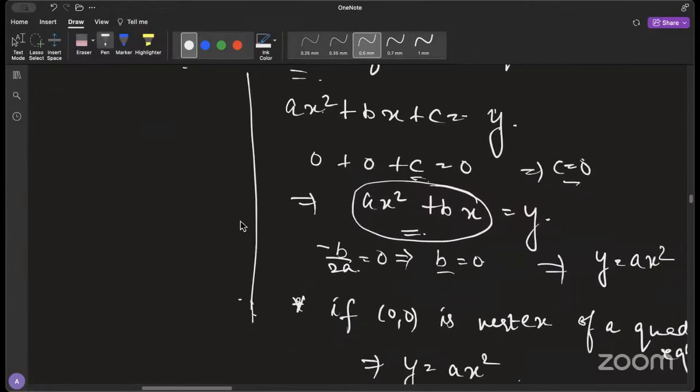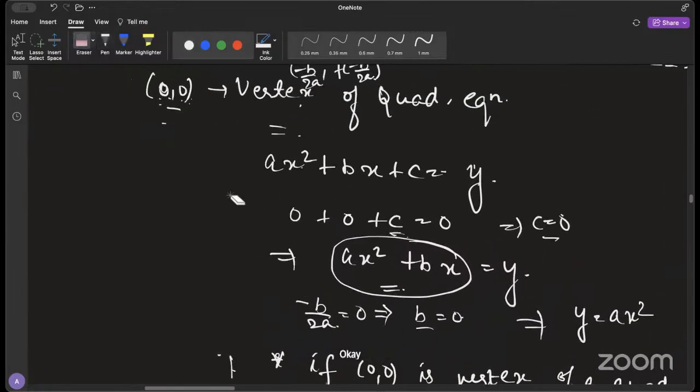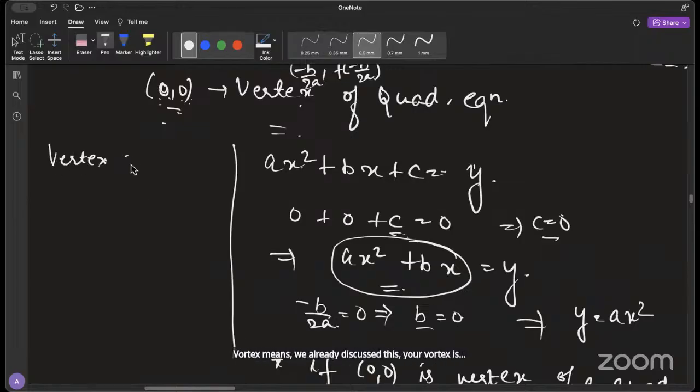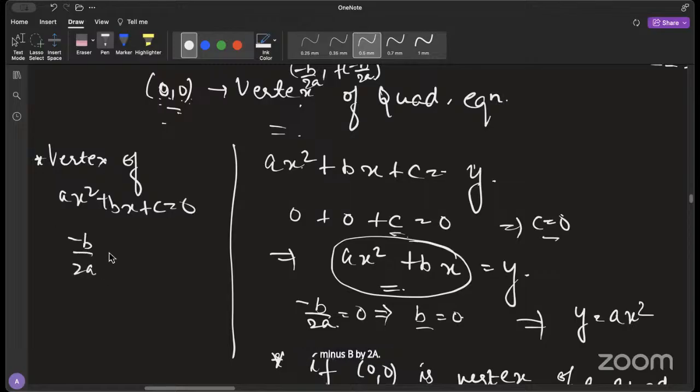Can you explain this? Okay. Let's say you have vertex 0, 0. Vertex means, we already discussed this, your vertex of ax square plus bx plus c is minus b by 2a, and f of minus b by 2a. If this is your given function, then it is this point, right?